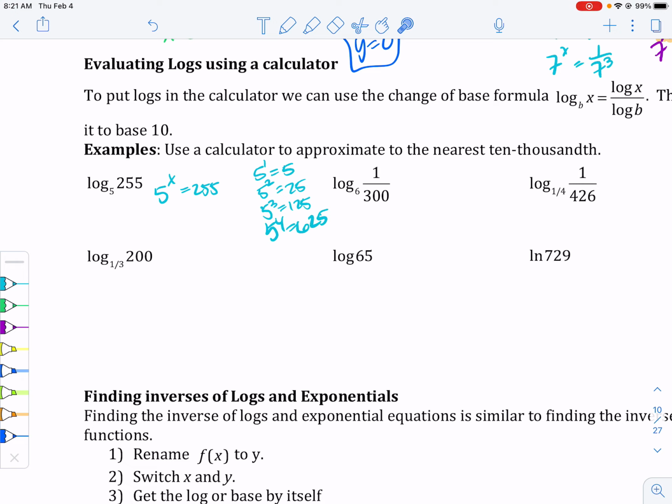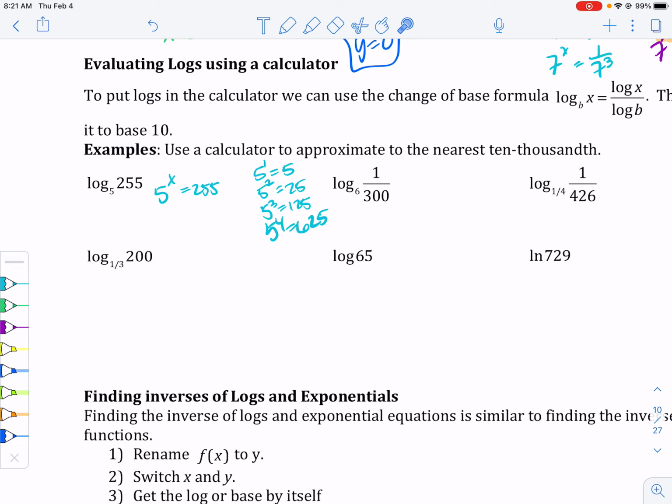So I could start guessing and checking. I could do 5 to the 3.2. That gives me 172, so I need a little higher. 3.3 gives me 202. So 3.4, and then I can just keep guessing. 3.4 was 237, but 3.5 is 279. So it's somewhere between 3.4 and 3.5.